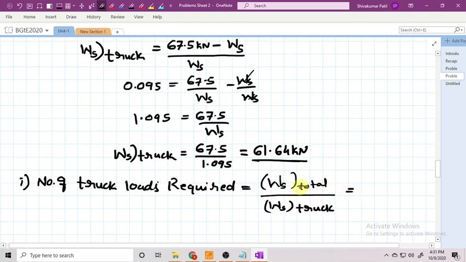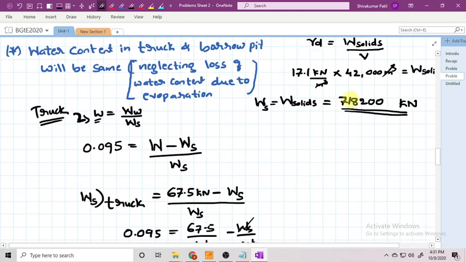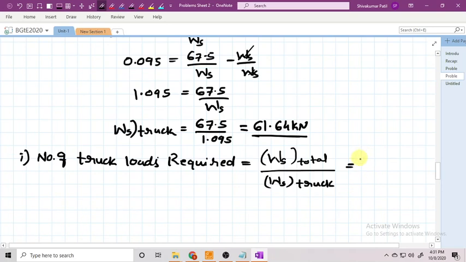Total weight of solids, how much have we calculated? 7 lakh 18,200 kilonewton. Each truck, how much solids can it carry? It can carry only 61.64 kilonewton.